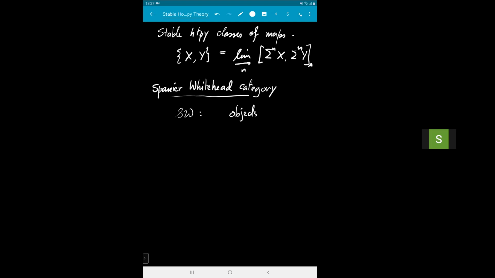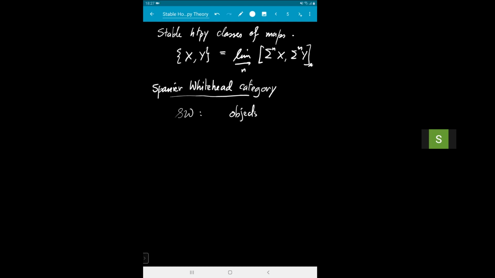Even before these ideas of homotopy theory were there, people wanted to understand something about the stable homotopy theory, in the sense that you should be able to do all the homotopical constructions which we described last time, like taking co-fiber and so on.